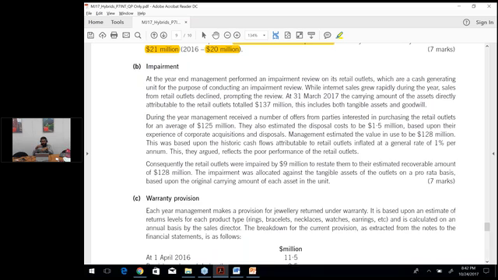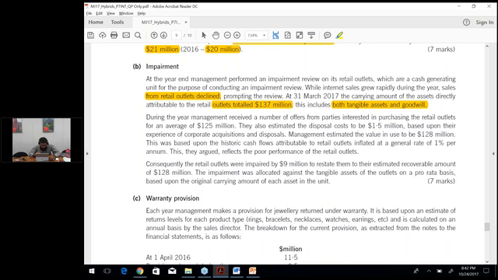While internet sales grew rapidly during the year, sales from retail outlets declined, prompting the review. At 31st March, the carrying amount of the assets directly attributable to retail outlets totals 137. This includes both tangible and intangible assets and the goodwill.